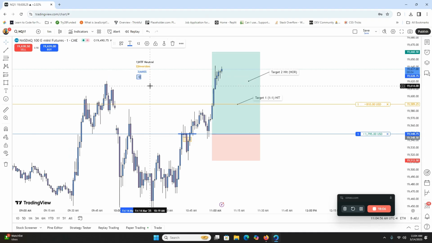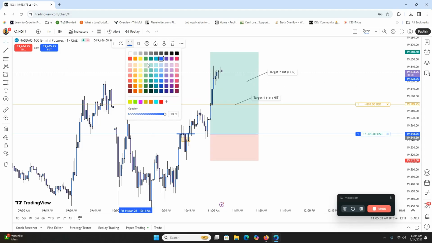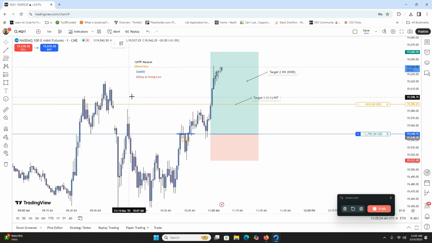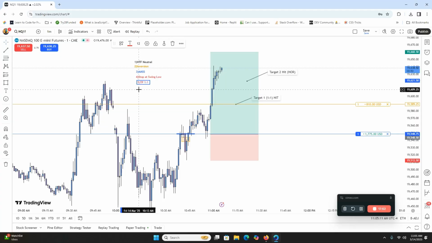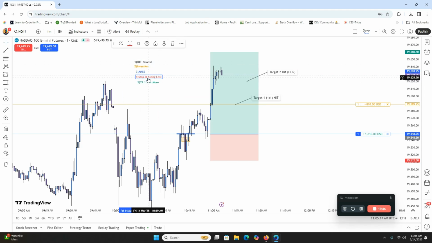Four, stop at swing low. Five, take profit 1 to 1 or more. Now, obviously, in this we're experimenting and taking partials along the way. Like I said, start off with 3 contracts with the micros, ideally, unless you've got that type of capital to be messing around with minis.